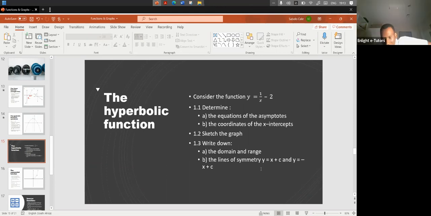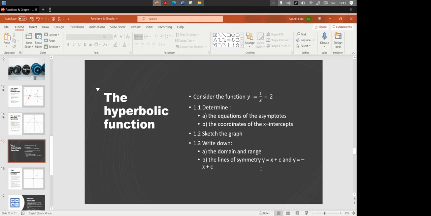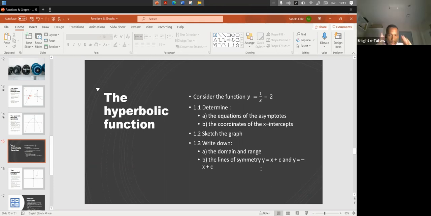After letting y equal 0, it's going to be 0 equals 1 over x minus 2. You transfer the 2 to the other side, so 1 over x is equal to 2. Then you cross multiply and you are done. And then you sketch your graph. I want you to understand me.